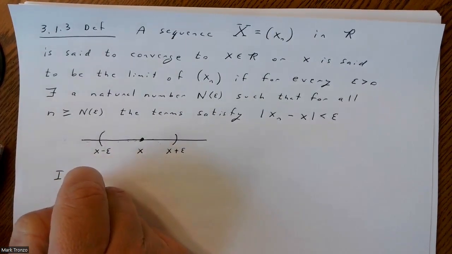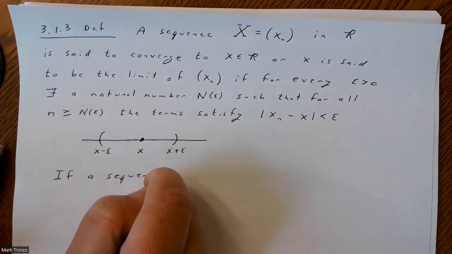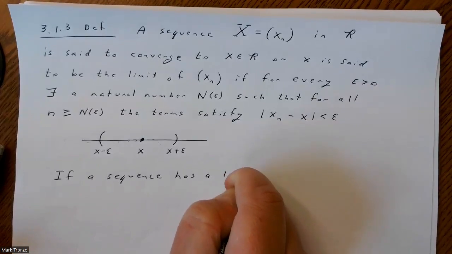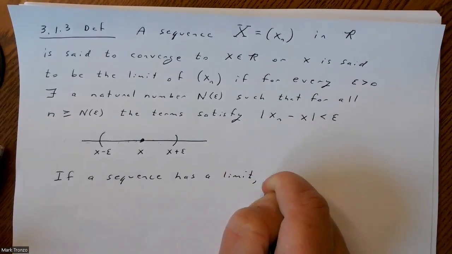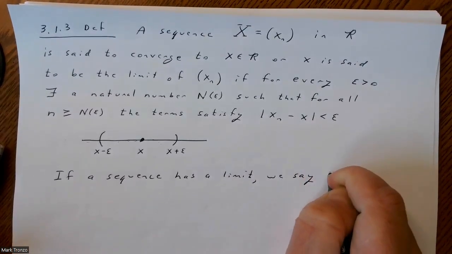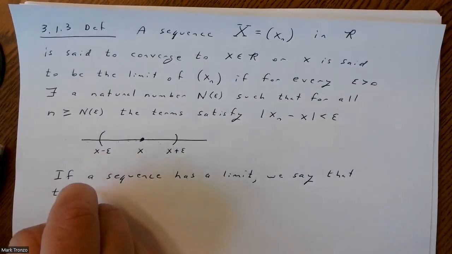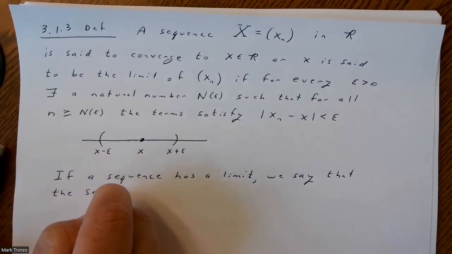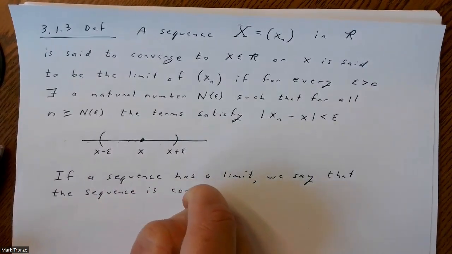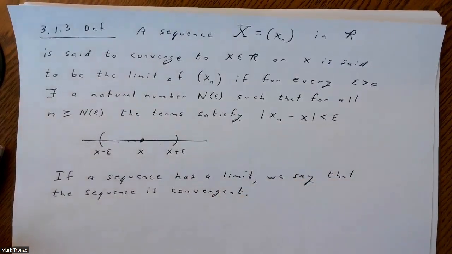So, and then if a sequence has a limit, we say that the sequence is convergent.